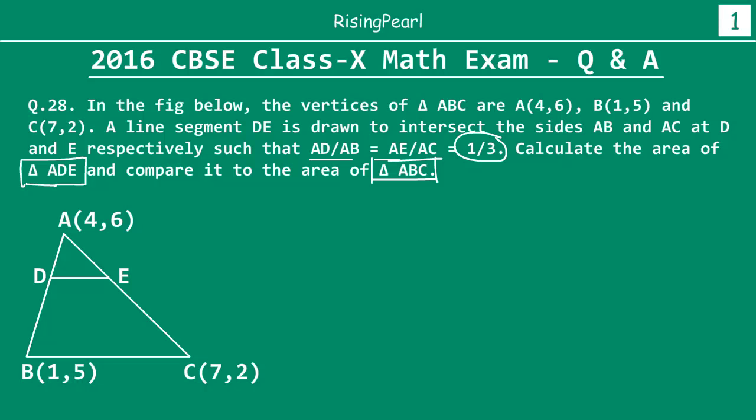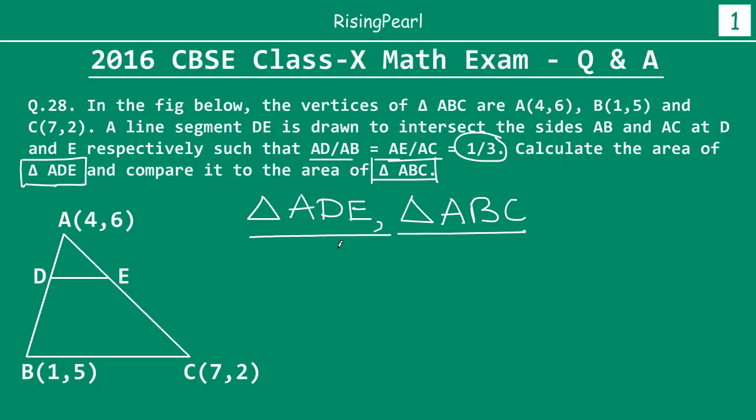The first way: if you look at these two triangles, triangle ADE and triangle ABC, what is given is AD by AB is equal to AE by AC, and this ratio is 1:3.